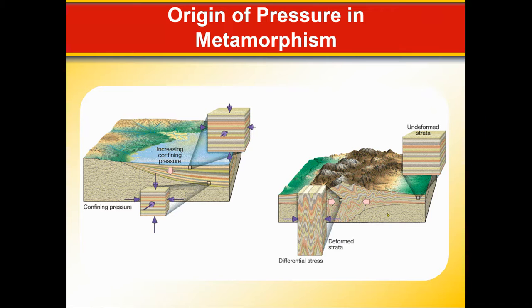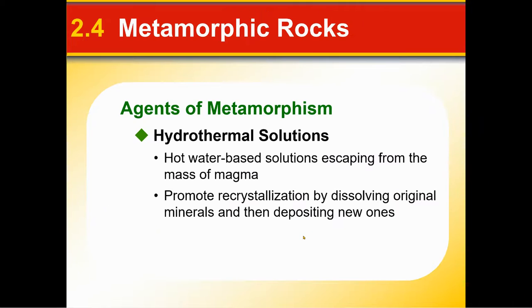And then over here, this deformed strata, the metamorphosed rock, is from the pressure of these two plates pushing against each other, driving these rocks up, causing them to bend and twist and deform. It's deformed strata. It is metamorphism.